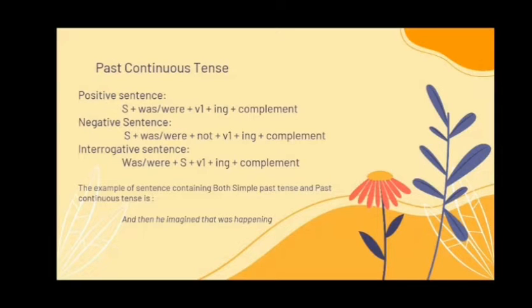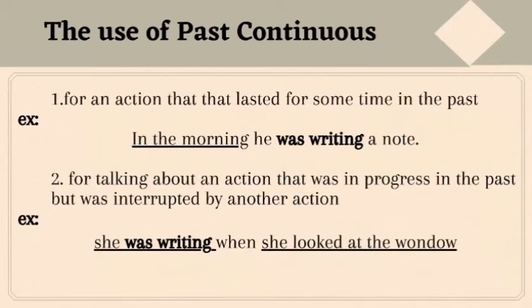We move to the next topic. I'm going to talk about the use of past continuous and the examples from the text I have read. The first is for an action that lasted for some time in the past. For example, in the morning, he was writing a note.